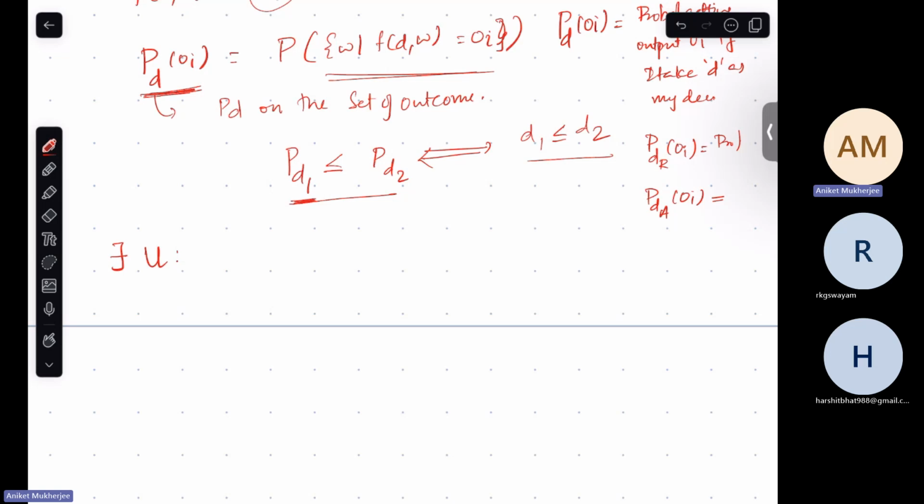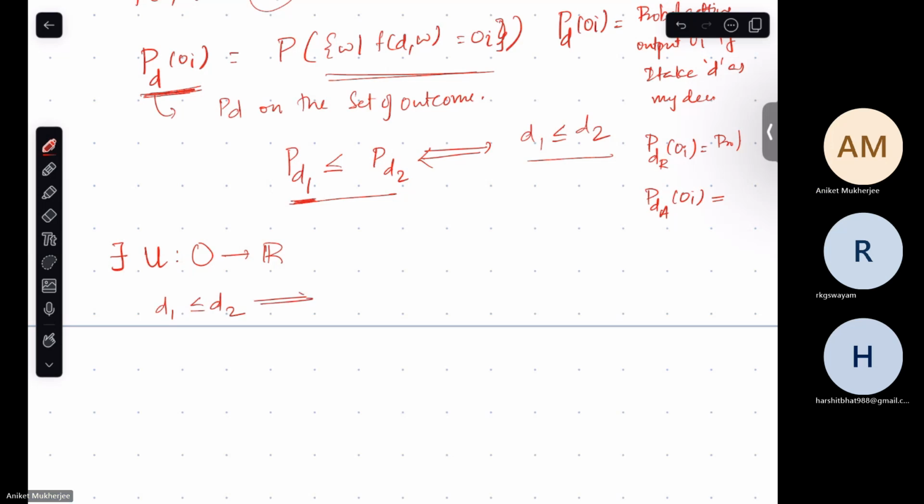What does this function take as input? It takes your outputs as input and gives you a real number. So it takes some output and gives you a real number, right? Now, what it says is if D1 is less than or equal to D2, that means D2 is a better decision than D1.